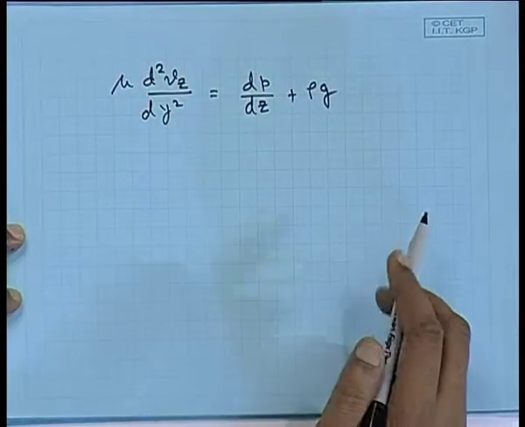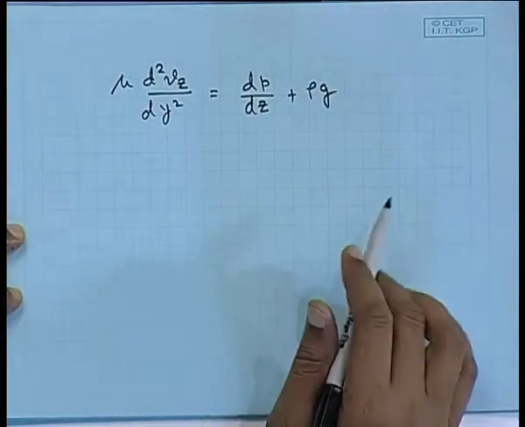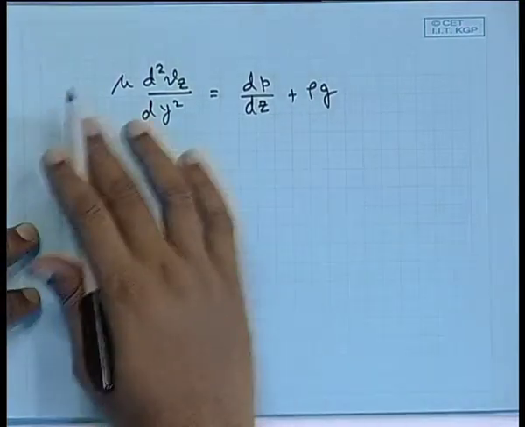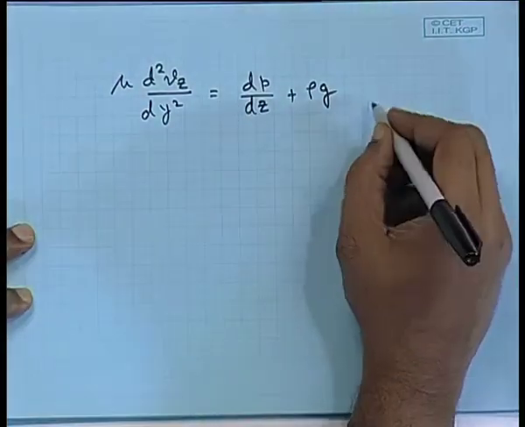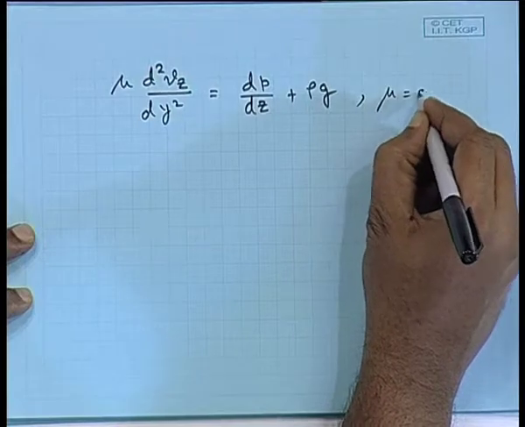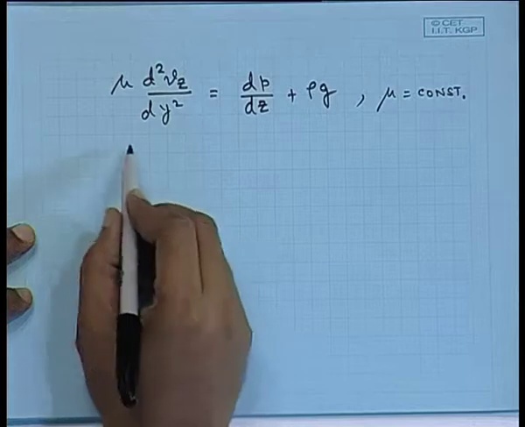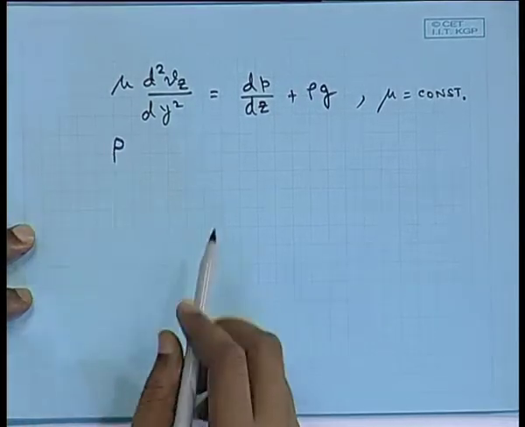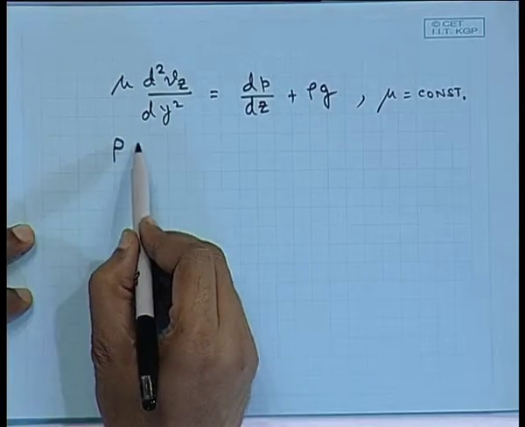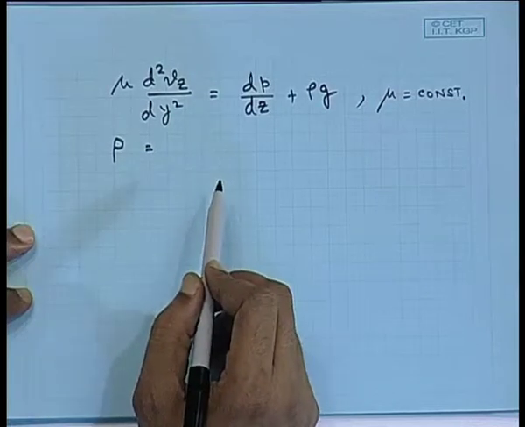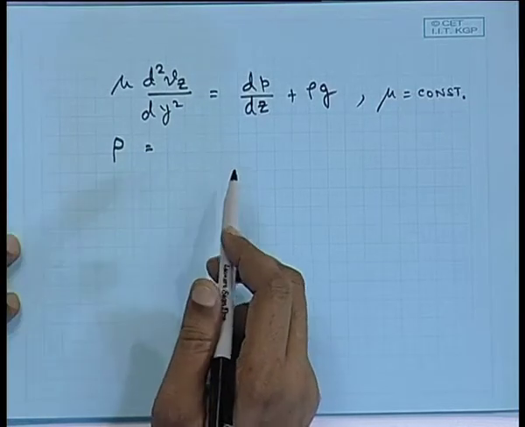You all know about it, so I am not writing how we derived it. Now the assumption that we are making is that mu is a constant. Now we know that rho during natural convection is going to be a function of, what is rho a function of which causes natural convection?